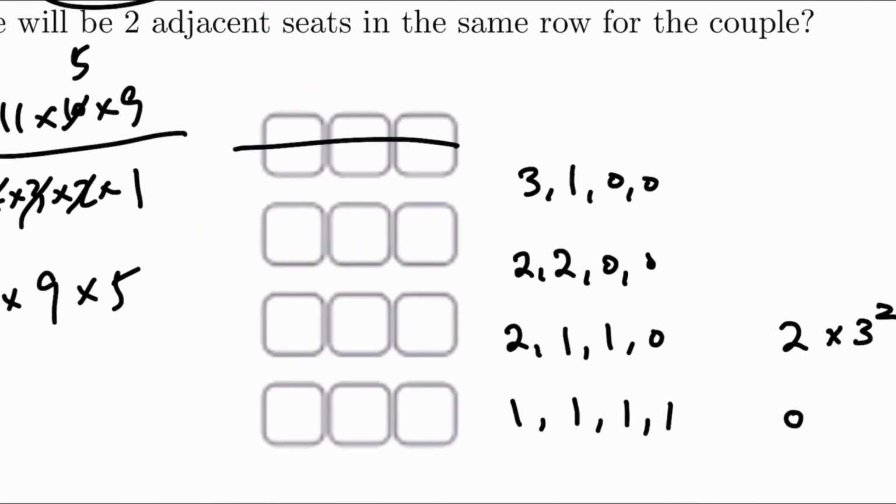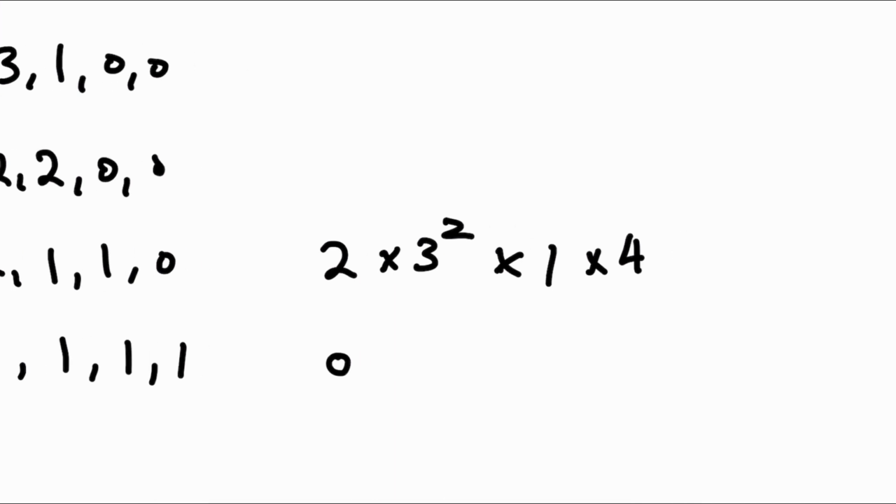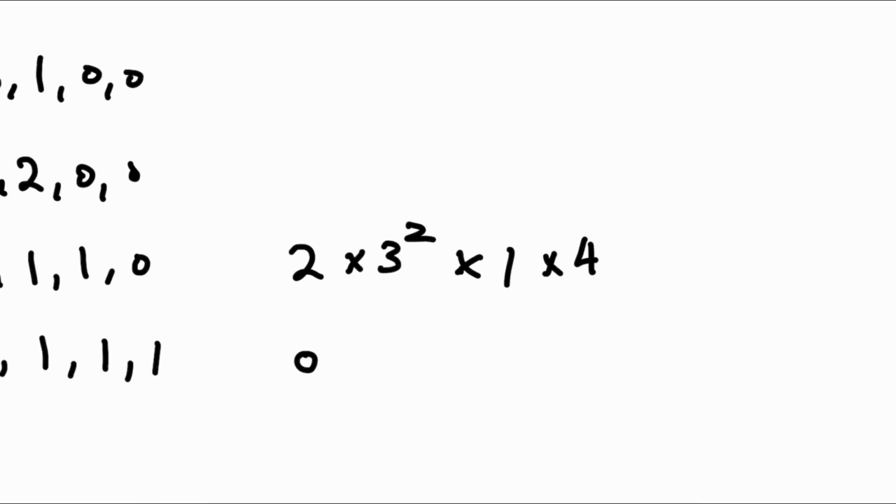Now we have to choose 2 rows that have 1 seat. That is equivalent to choosing 1 row that has no seats. So we're just choosing 1 out of 3. That is 3 choose 1. That is also the reason why 3 choose 1 is the same as 3 choose 2, if you have not realized. But in this case, this is 2 times 9 times 4, which is 72.